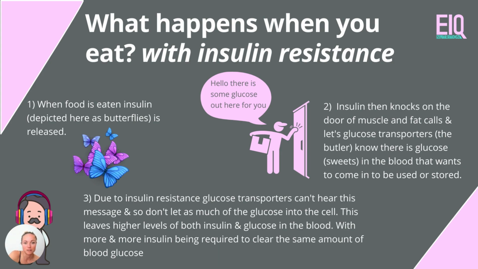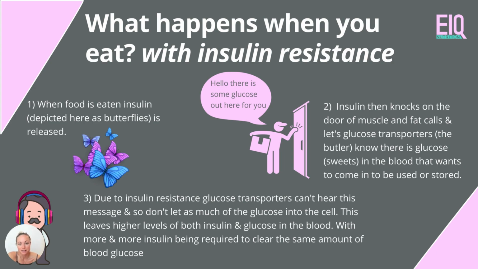Because people become insulin resistant, I'm going to talk a little bit more about that, from chronically high levels of glucose in the blood, they need more and more insulin to clear blood glucose, which means that you become more and more insulin resistant because of this chronically elevated level of both glucose and insulin.